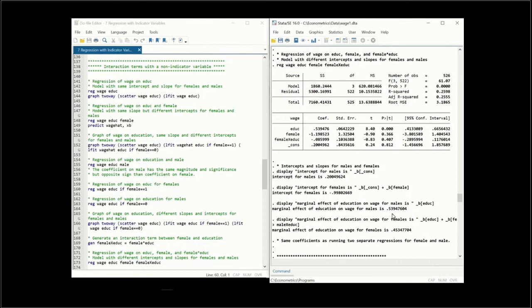And the marginal effect of education on wage for females is these two coefficients, the coefficient on education and the interaction of female and education, and that would be 0.45. These are the same coefficients as running the two separate regressions for females and males that I showed you. So whether you do it this way, or this way with just one regression, is equivalent.